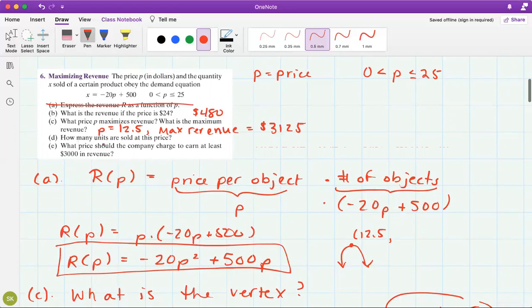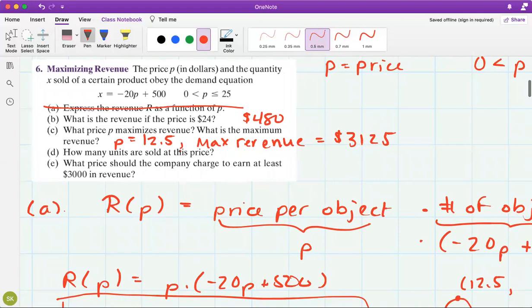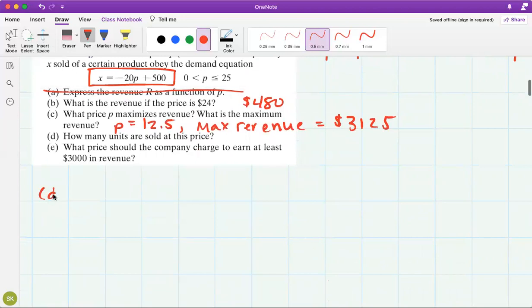Part D asks, how many units are sold at this price? What does that mean? Well, what we're looking for is X, because X gives the demand, which tells us how many units. Demand is how many we're trying to sell. So all we have to do is plug 12.5 into the demand equation. Okay, so for part D, X is equal to negative 20P plus 500.